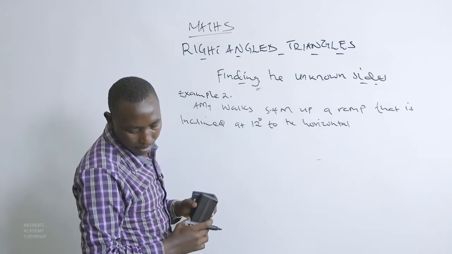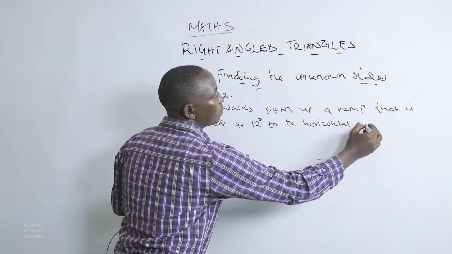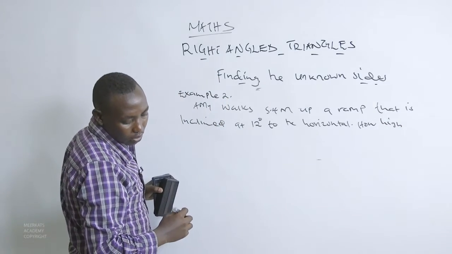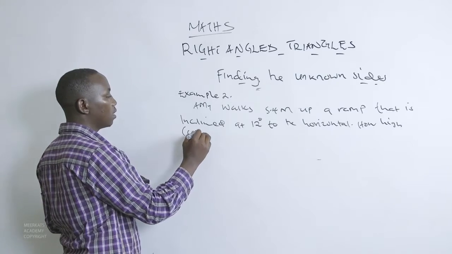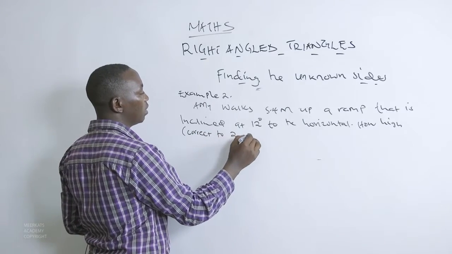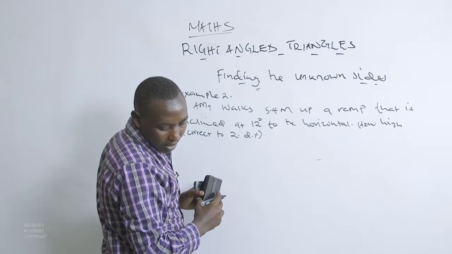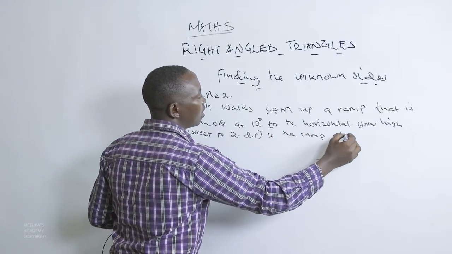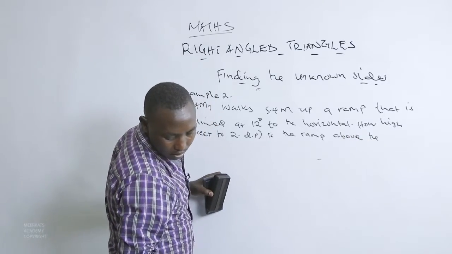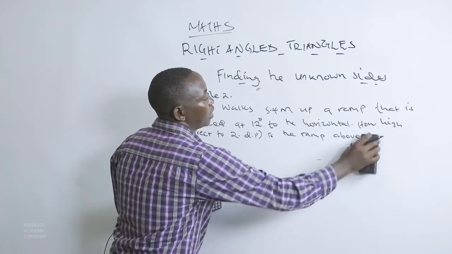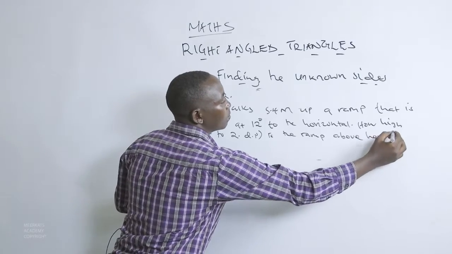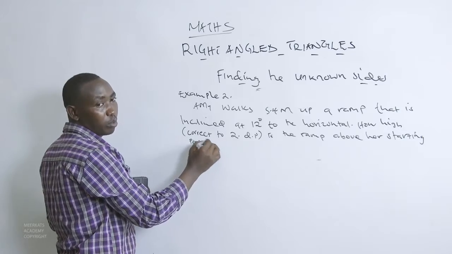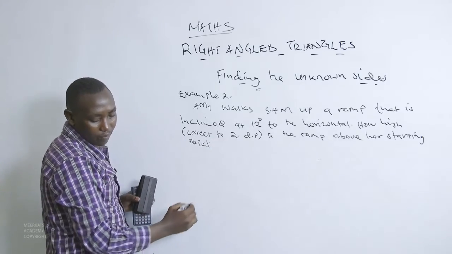How high, correct to 2 decimal places, is she above her starting point?